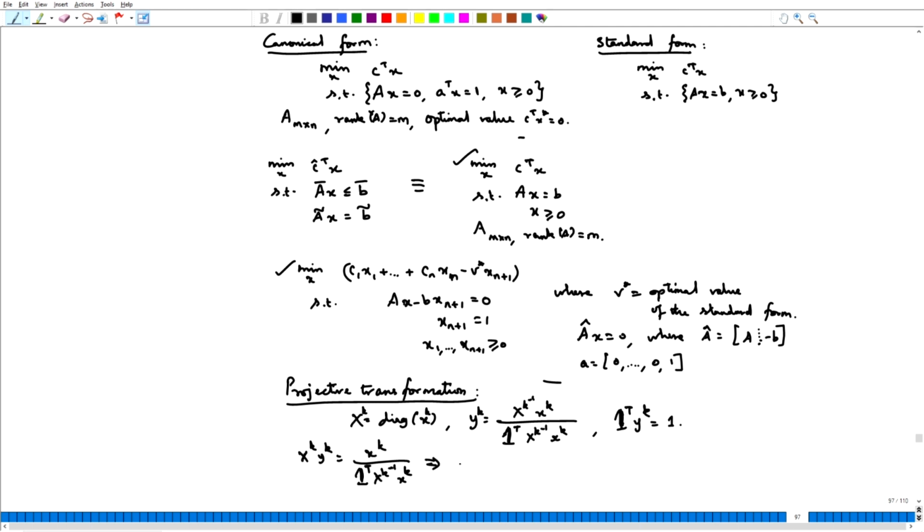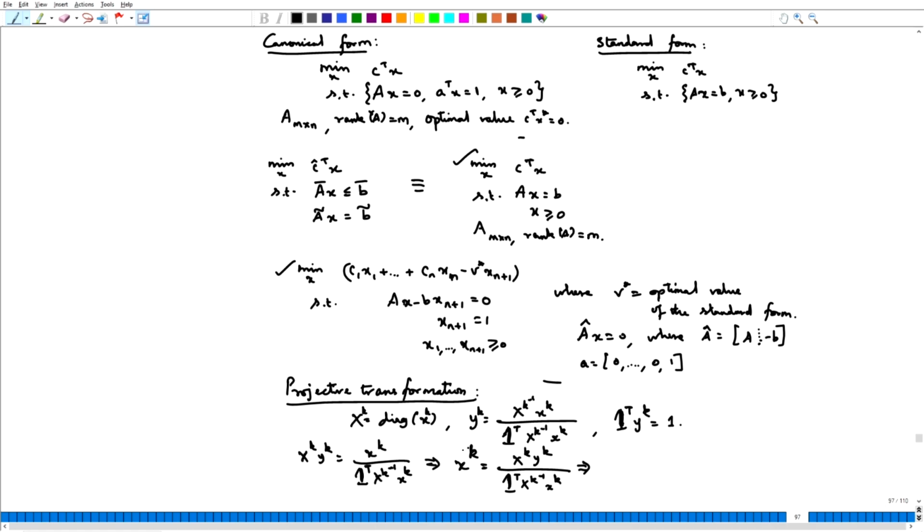So, that implies that x_k is actually capital X_k y_k times 1 transpose X_k inverse x_k, right. But this is not complete because this depends on x_k. So, we will correct this shortly.